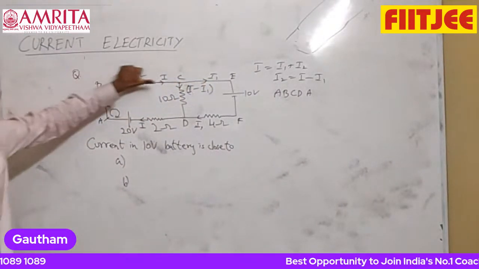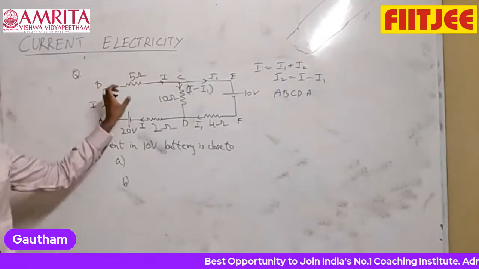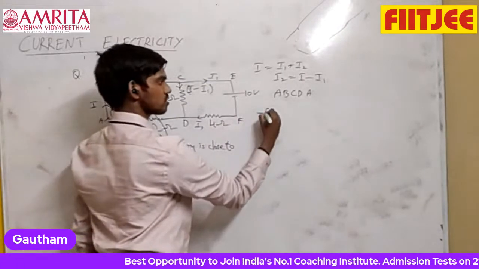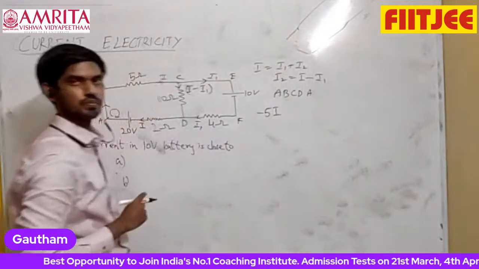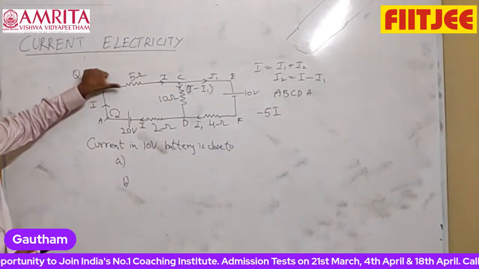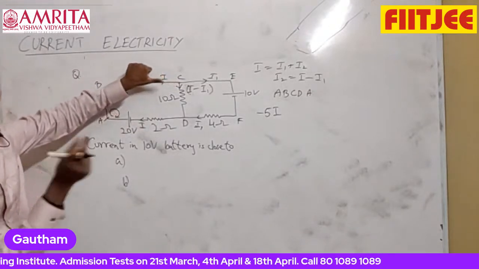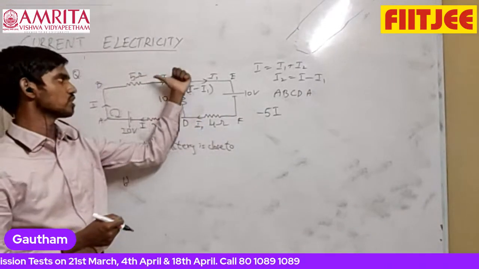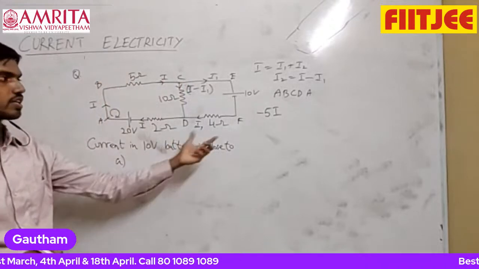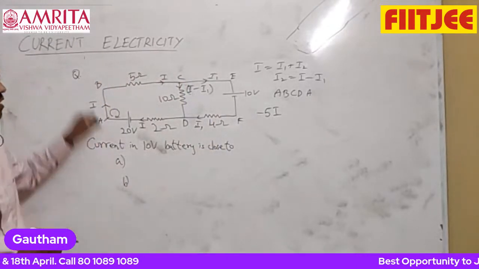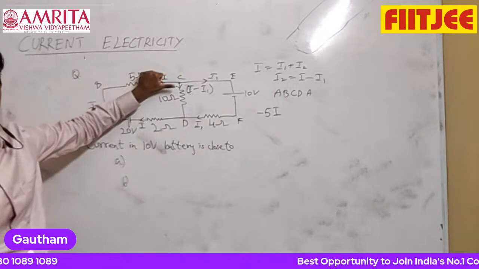From B to C, along the direction of current, potential will decrease. So minus 5 into I. Remember the convention. Along the direction of current, if you are going, potential will decrease, negative sign. If you have chosen a direction opposite to current, it will increase, so positive. That's all.